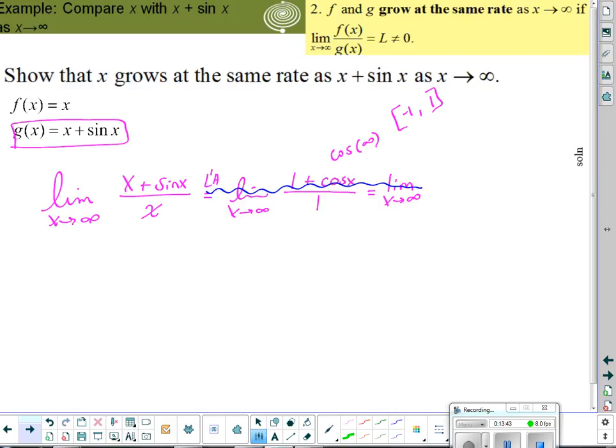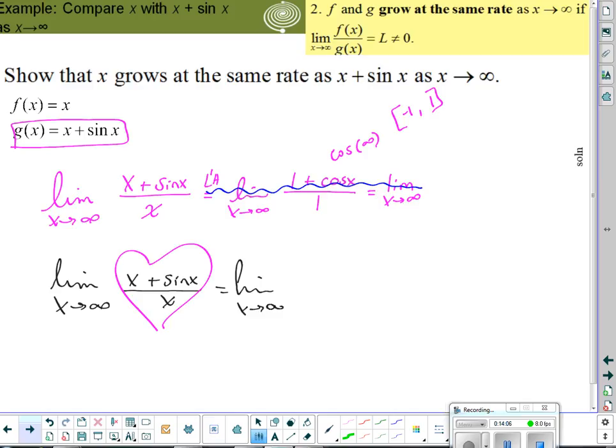I've got another plan. Follow me on this line of thought. Let's take the limit as x goes to infinity, and we still are going to work with this x plus sine of x over x. But, split this baby up. A single solo denominator allows us to go to the limit as x goes to infinity of x over x plus sine of x over x. And you should be loving this right now.